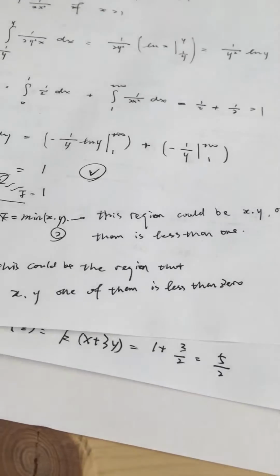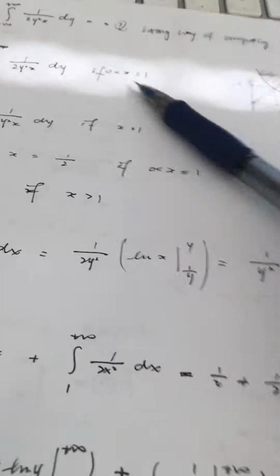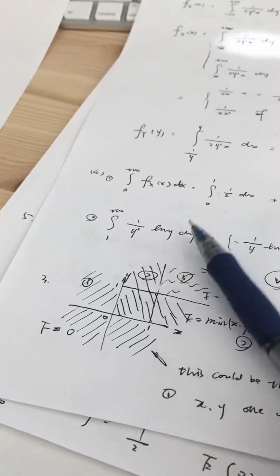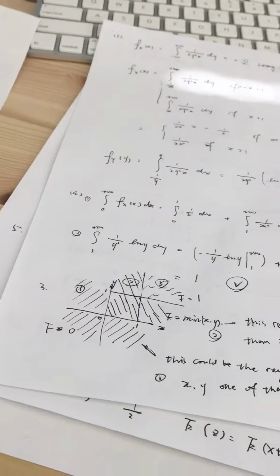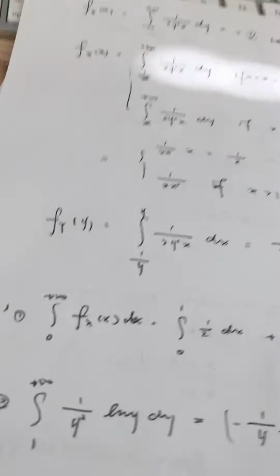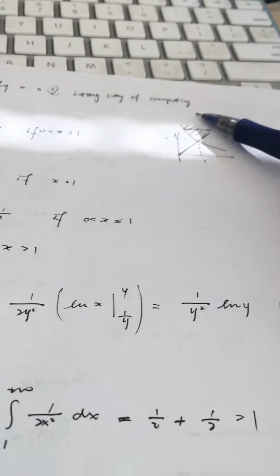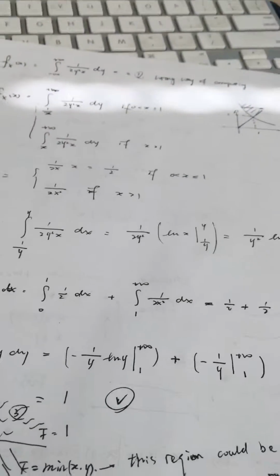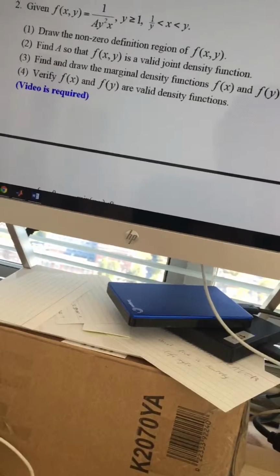It is very easy to compute that this integral equals 1. That's correct. And y is from 1 to plus infinity, which is also very easy to compute, and that is 1 also. So we verify that f(x) and f(y) are valid density functions.